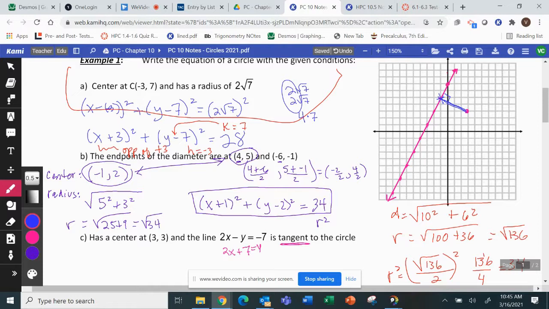How do we know that two lines are perpendicular? Opposite reciprocal, yes. Lines are, and I'm using the symbol for perpendicular, which is that upside down T. Lines are perpendicular if their slopes are opposite reciprocals.